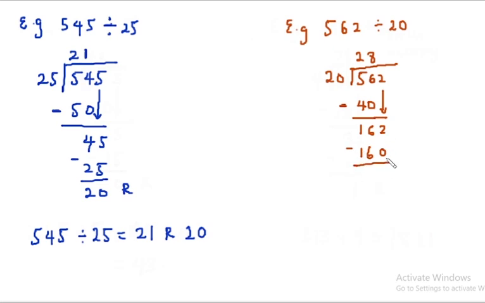So from here we know that 2 minus 0 is 2. 6 minus 6 is 0. 1 minus 1 is 0. So this number is smaller than 20 here. So we stop the process of dividing. So this simply implies that 562 divided by 20 is equal to this answer here, which is 28, remainder 2.